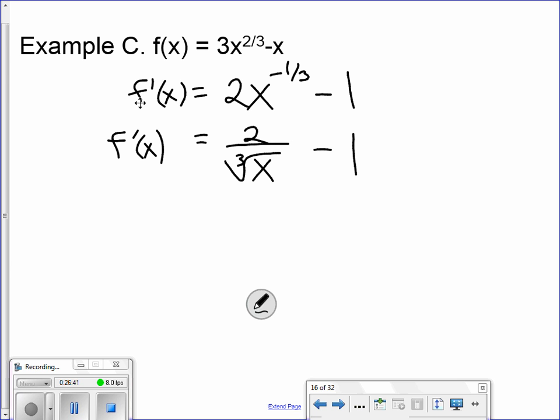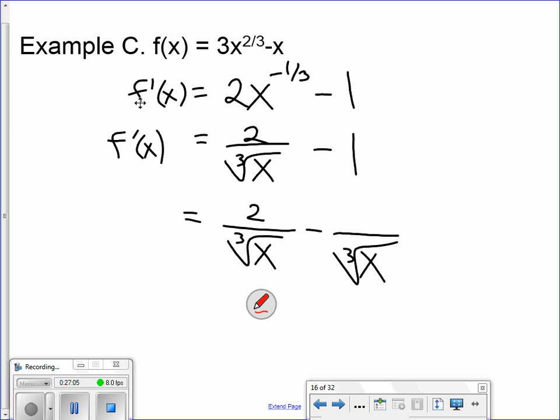And to combine fractions, what do you need? Common denominator. Your elementary school teachers did a good job with you. So what's the common denominator going to be? The cube root of x. So this first term is fine, but I want the second term to be over the cube root of x.